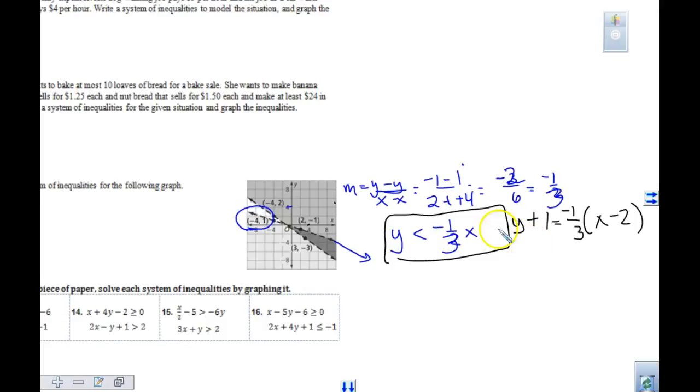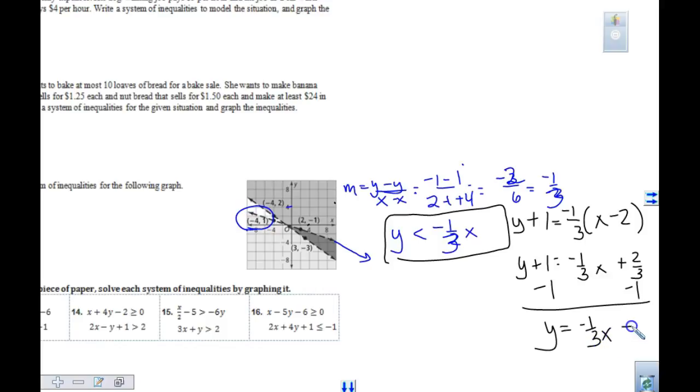I need to get y by itself to get it in slope intercept, and I'm going to use the distributive property here. So I have y plus 1 equals -1/3 x plus 2/3. I'm subtracting 1, and my new equation is y equals -1/3 x minus 1/3, right?